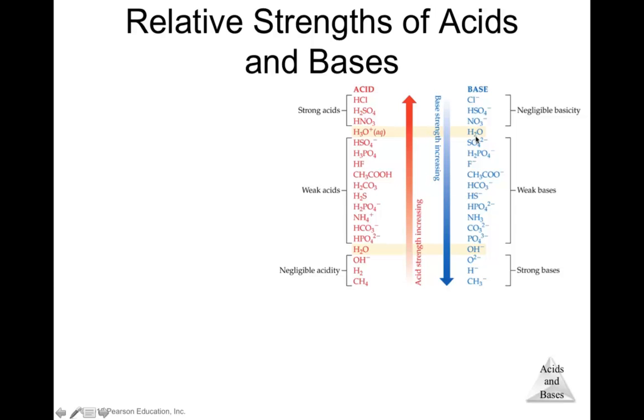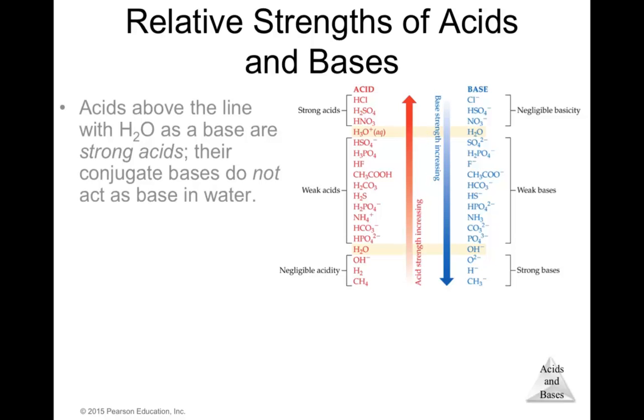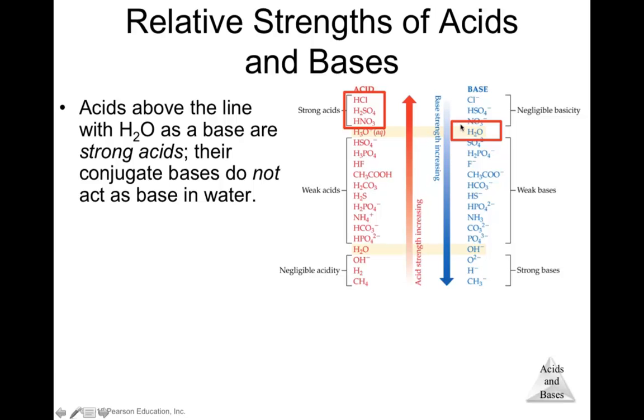We know that water has the ability to be an acid or also a base because it's an amphiprotic molecule. So, when we're talking about strength, acids above the line have water as a base. So this is the line of water as a base.